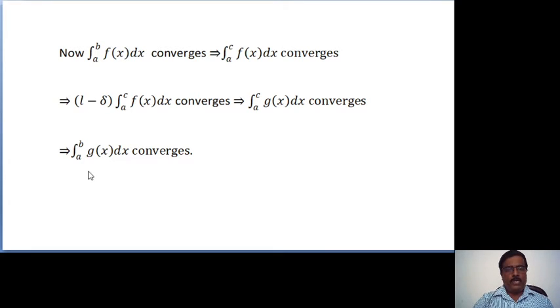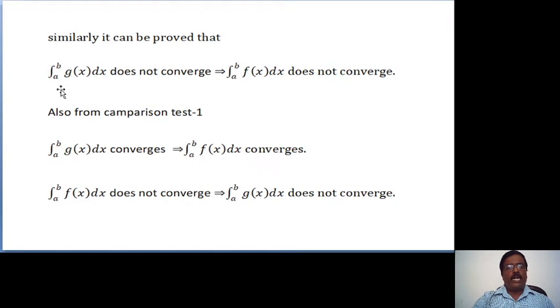Which implies integration from a to b g of x dx is also convergent, because a to c g of x dx is convergent. Therefore integration from a to b g of x dx is also convergent.